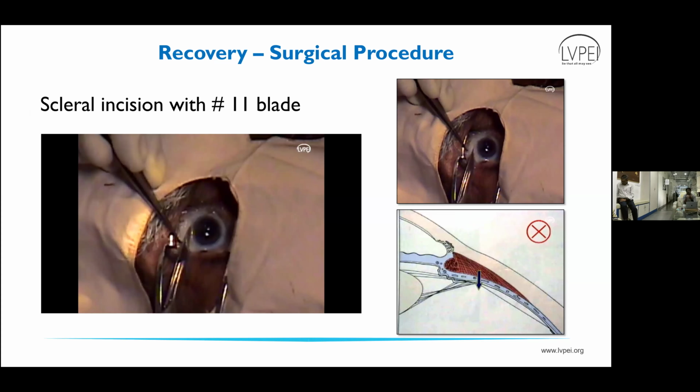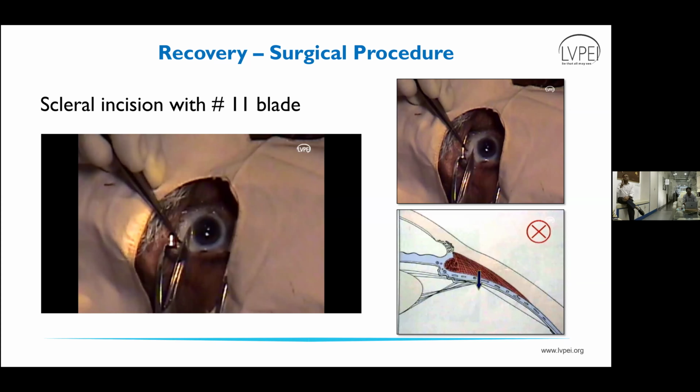Horizontally, we make a 2 to 3 mm incision. Make sure not to puncture the choroidal layer. Just cut only the sclera, not the choroid. If you do that, all the vitreous will come out, the integrity of the globe will be gone, and the eye will collapse. The cornea quality will decrease.